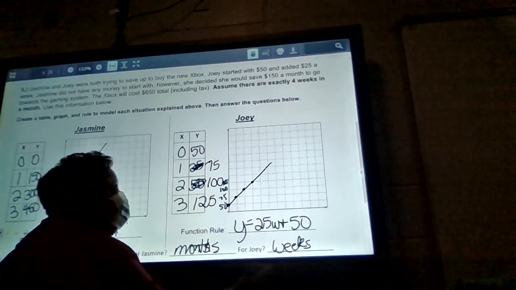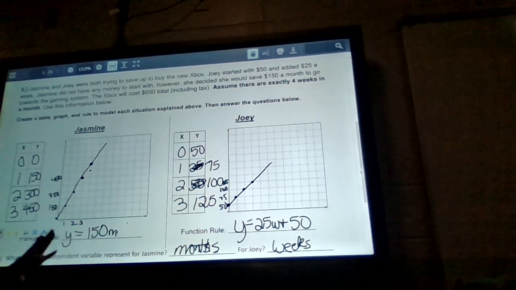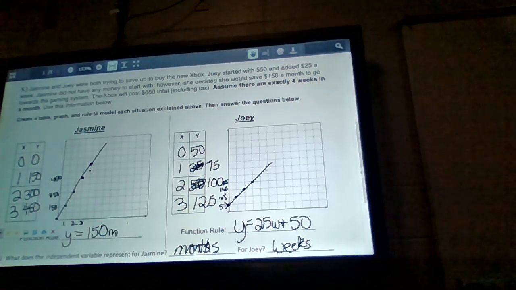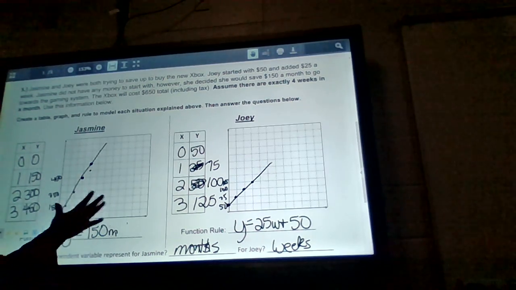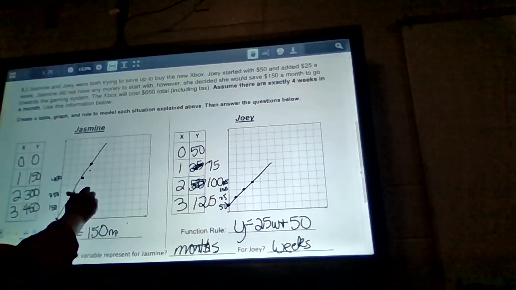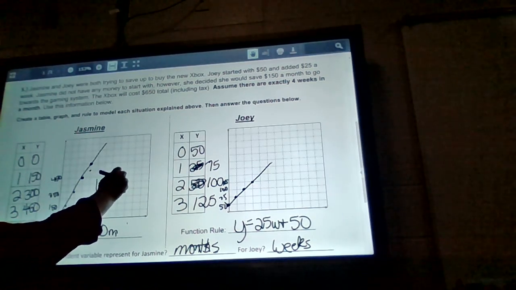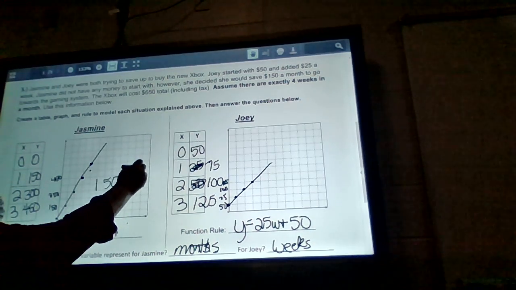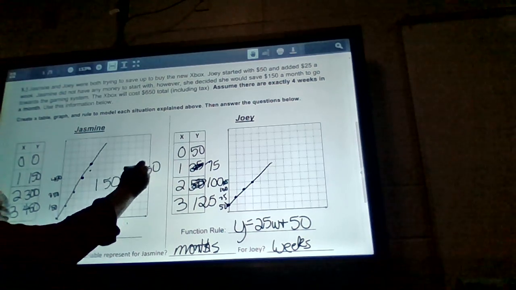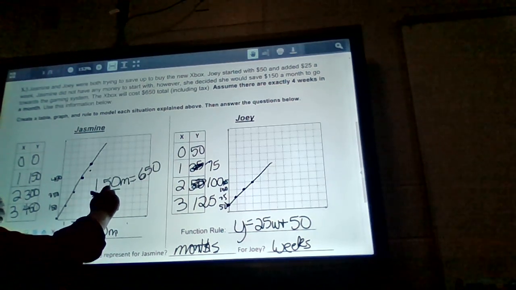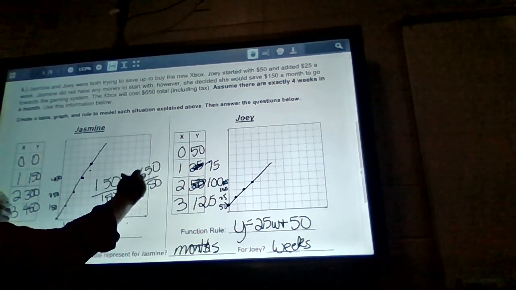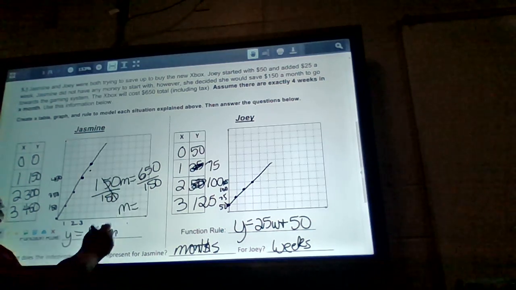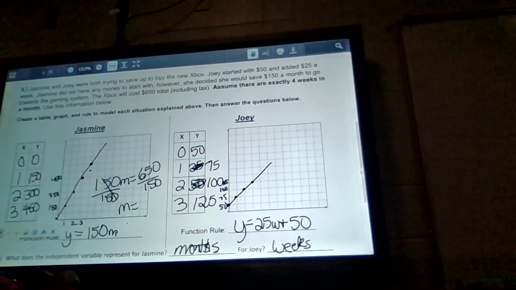And then the second part, I'm not going to pull it up because I don't want to lose this. The next question was, who's going to have it first? So Jasmine, 150M, when will it equal 650? So we divide both sides by 150. What is 650 divided by 150?